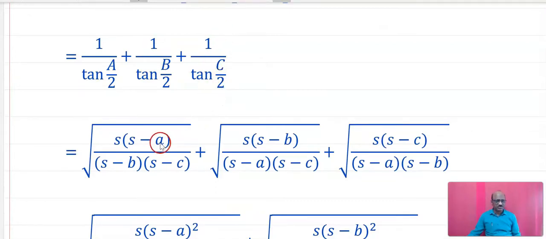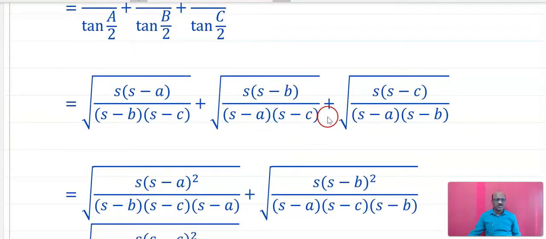Now substitute the values. You will get the root of (s minus a) upon (s minus b)(s minus c), and similarly the other values, the root of s(s minus b) upon (s minus a)(s minus c), plus the root of s(s minus c) upon (s minus a)(s minus b).